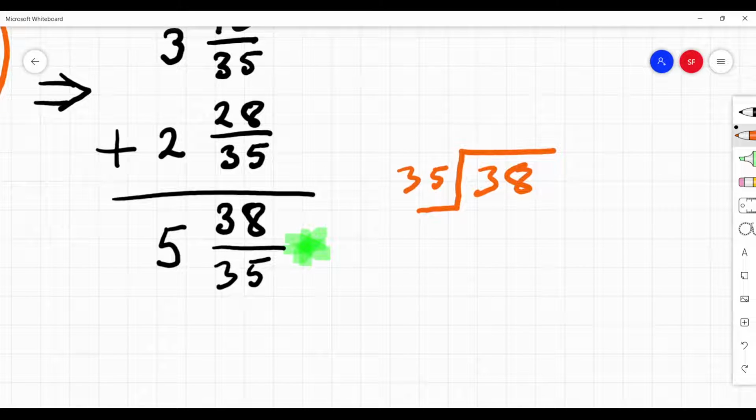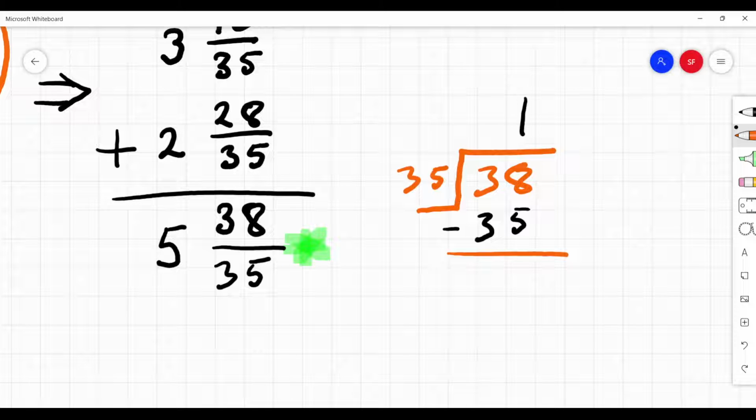So 35 goes into 38 how many times? Once. And then 1 times 35 is, of course, just 35, right? Okay. What's 38 minus 35?